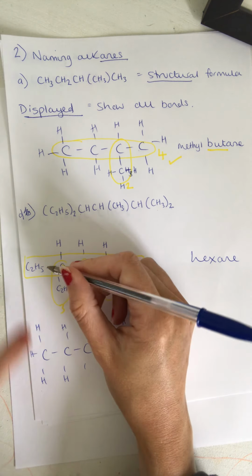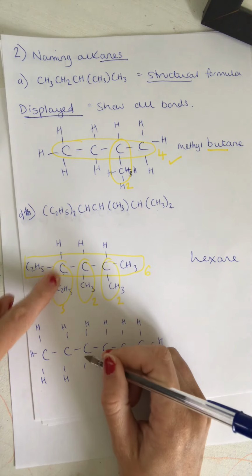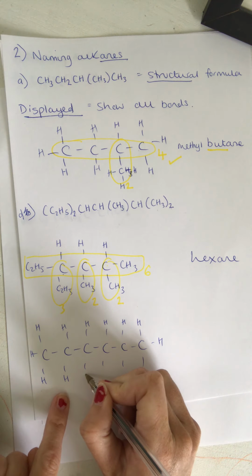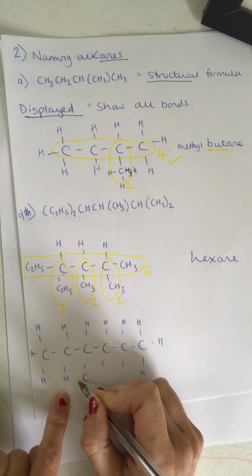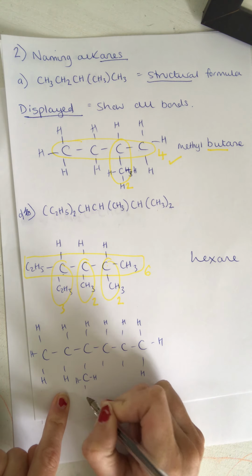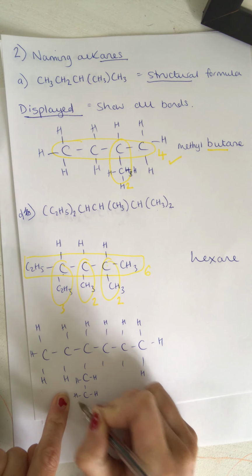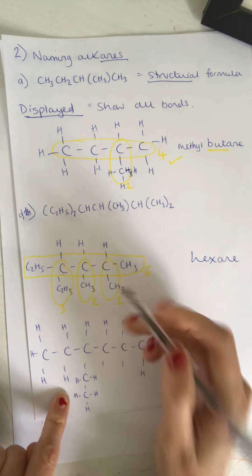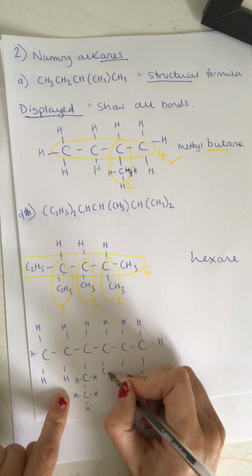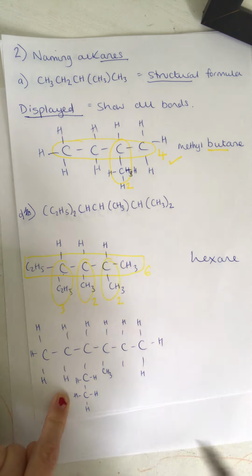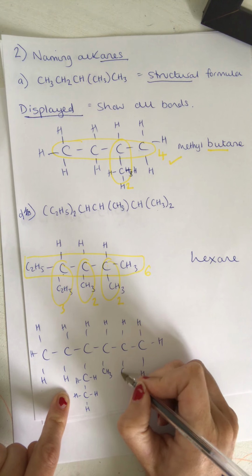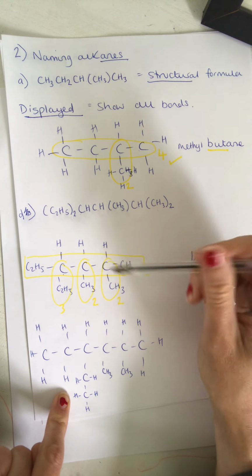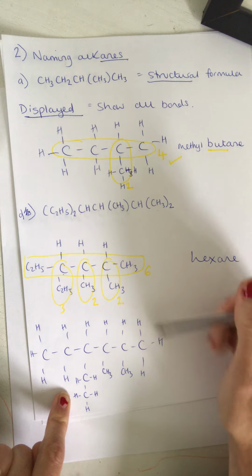And then, yeah, right, so we've got C2H5. Then this carbon here, C2H5. This carbon has a methyl group attached to it. Because of space, I'm just going to do it like that. This carbon has a methyl group attached to it, and a methyl group there, which is that.